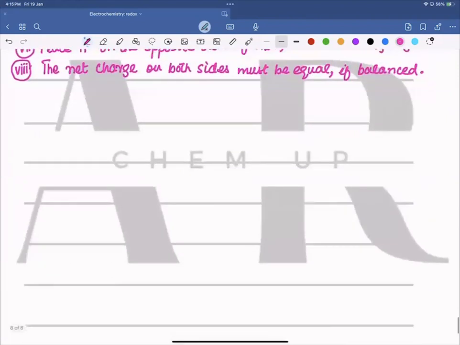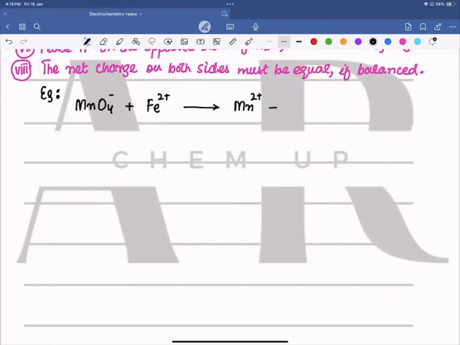So shall we try an equation? MnO4 negative is reacting with iron 2 positive, forming Mn2 positive ion and iron 3 positive ion.